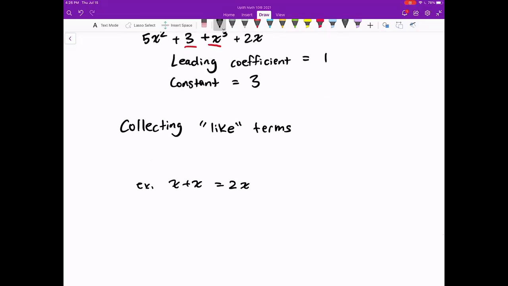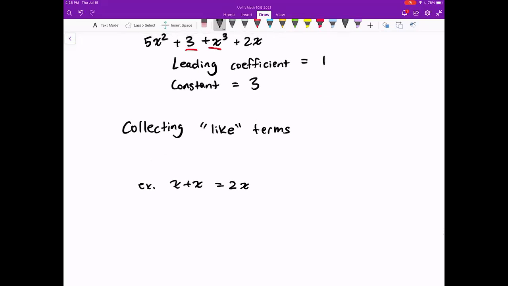We can also take another example of this. We can have x squared plus 2x squared. It looks like a binomial as well, but we can technically combine them into 3x squared. The trick to combining terms is that the variables have to be the same and the exponents have to be the same.